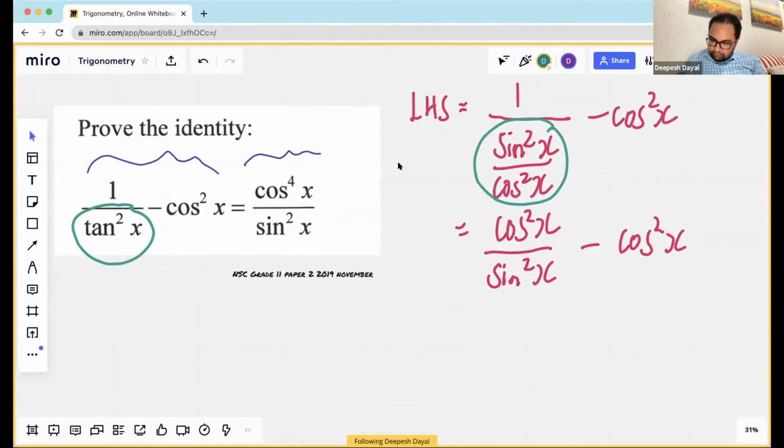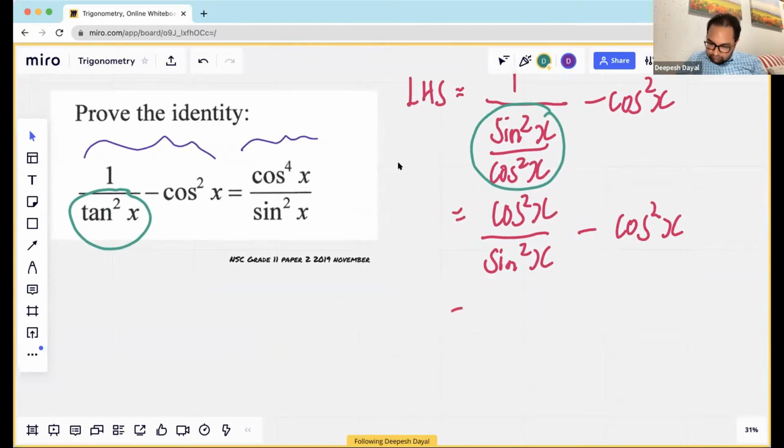So for me, I didn't remove the 1 actually, because I said 1 over cos squared x over sine squared x, then minus cos squared x over 1. So we take the 1 times the other one is going to be 1, right?